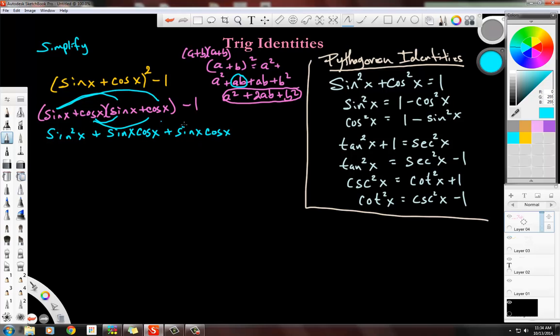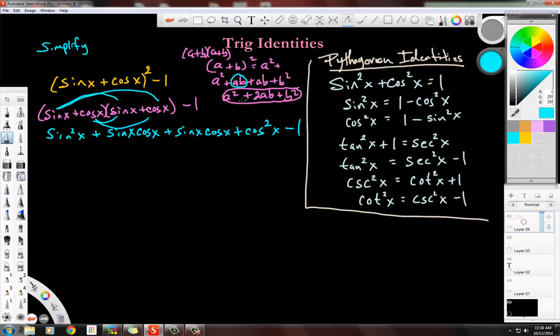And then on the last step, I would have plus cosine squared of x. So that wraps that all up, and then don't forget the minus 1 at the end there. This little minus 1, don't leave that up there and forget about it.